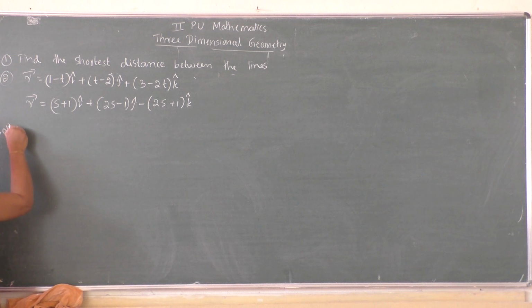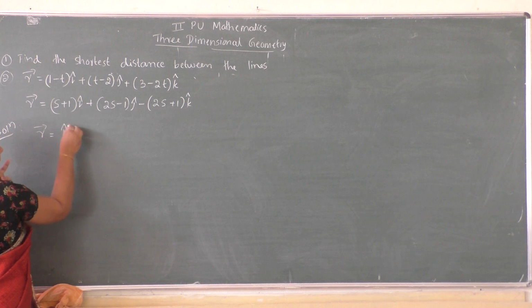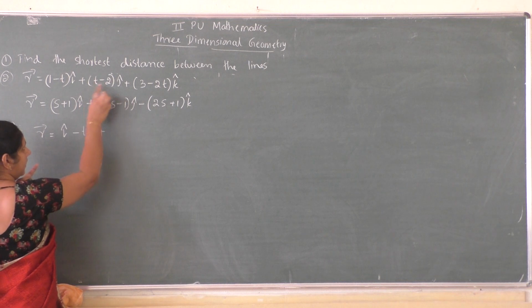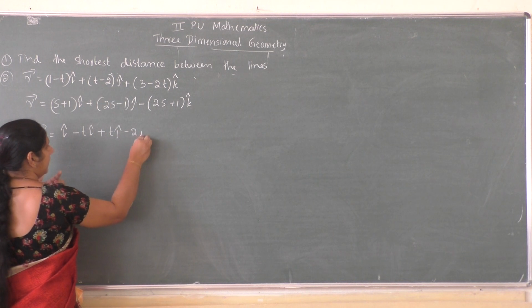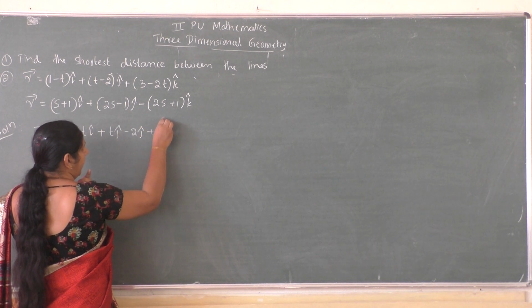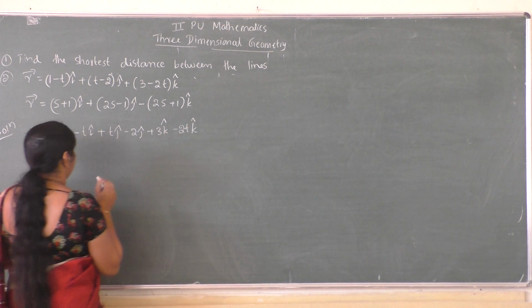So first consider the first equation, r vector. Now we will simplify this, that is 1 into I cap minus t into I cap plus t into j cap minus 2 j cap plus 3 k cap minus 2t k cap.